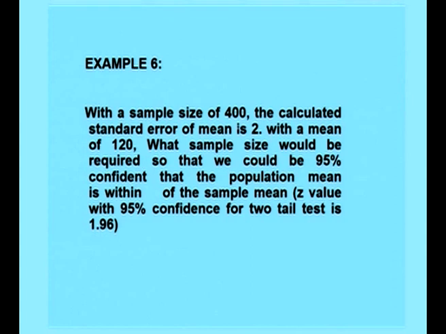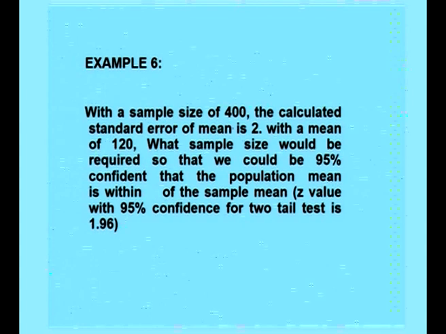Now, this problem is slightly different, wherein you have to calculate the sample size, whereas the interval estimation value is being given. With a sample size of 400, the calculated standard error of mean is 2.